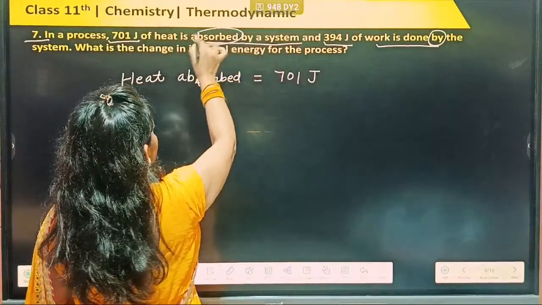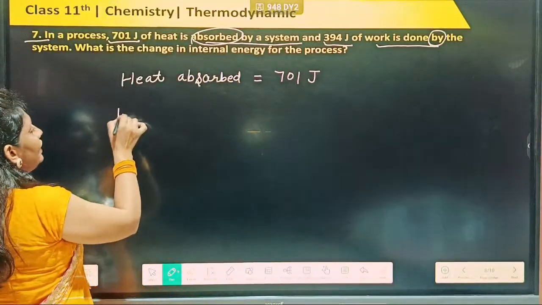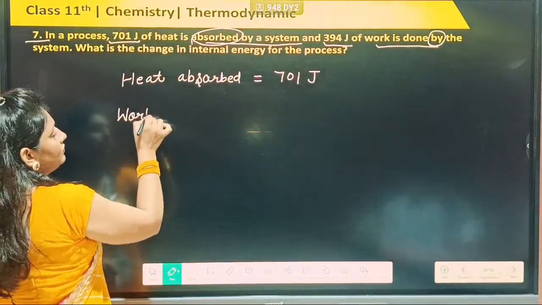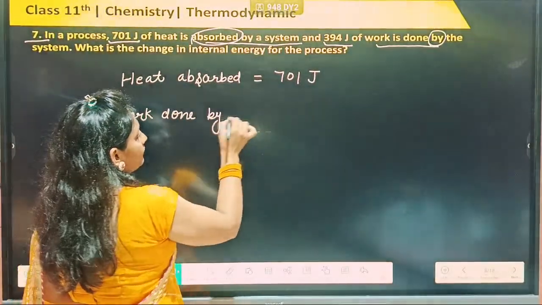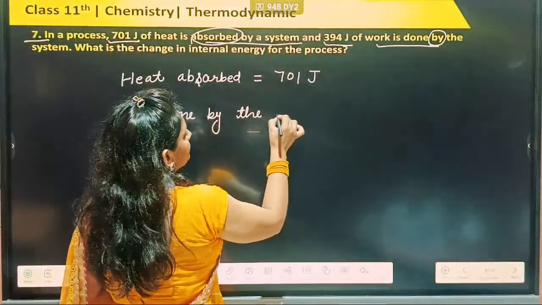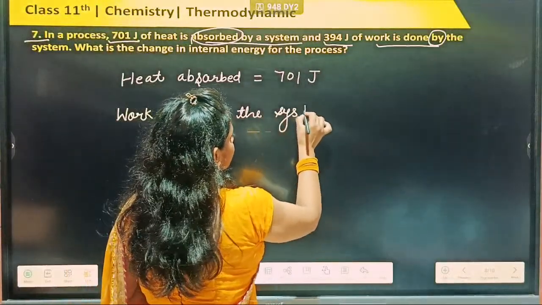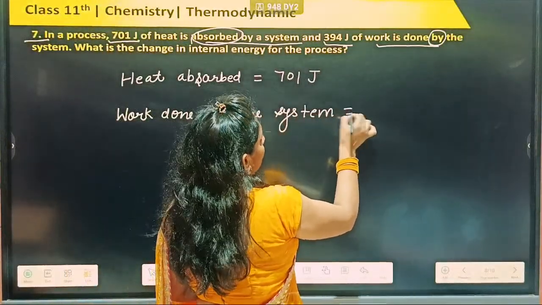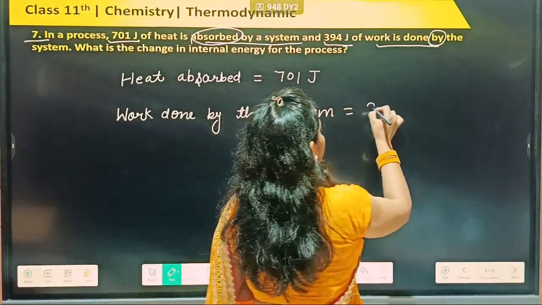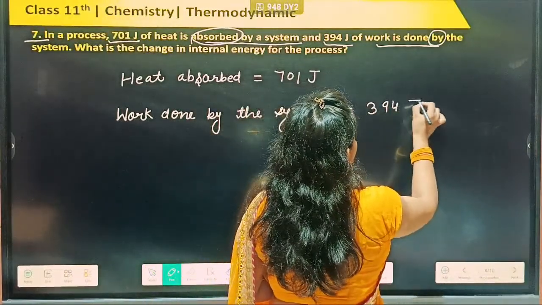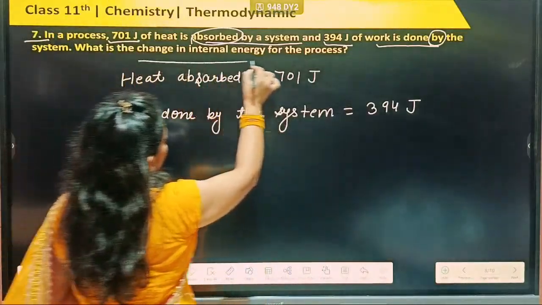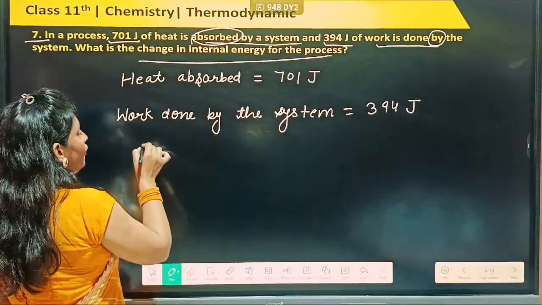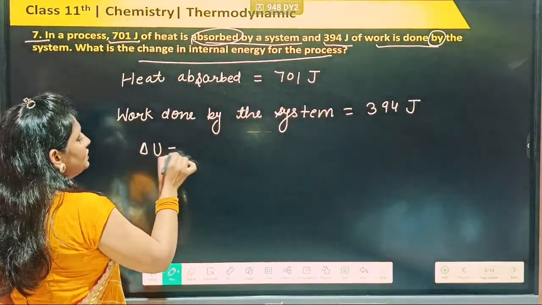Here heat is absorbed, so work done by the system is 394 joule. What is the change in internal energy for the system?